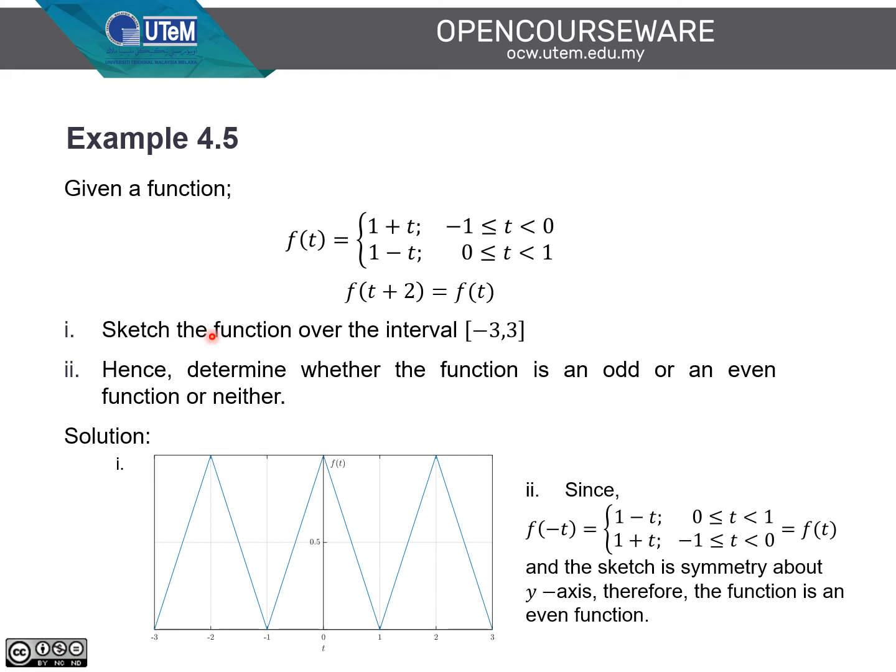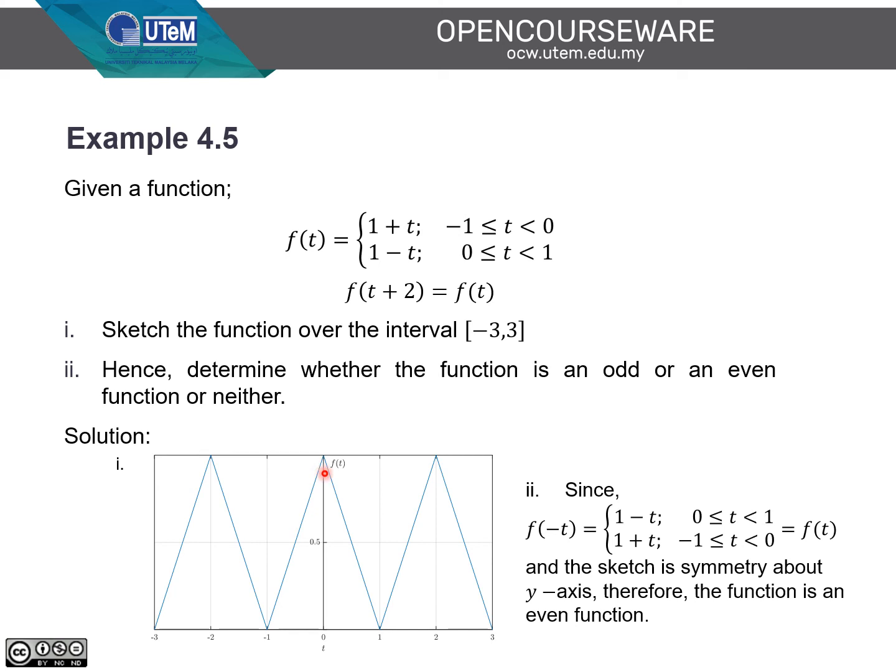The first question is to sketch the function over the interval from t equals -3 to t equals 3. The second question is to determine whether the function is an odd function, an even function, or neither. Here is the solution. Let's take a look at the first interval from -1 to 0. From -1 to 0, the plot of the function 1 plus t looks like this.